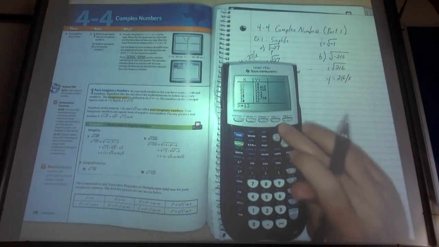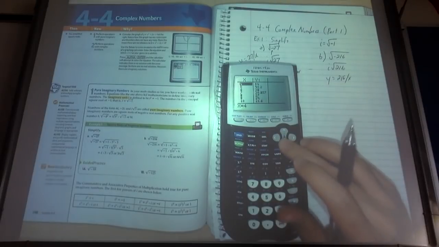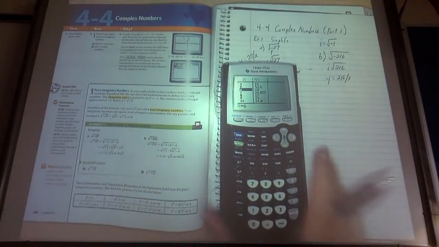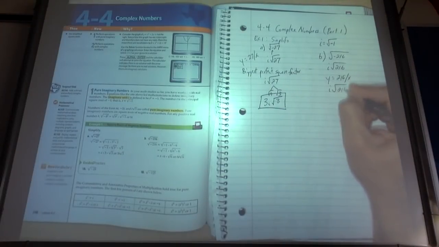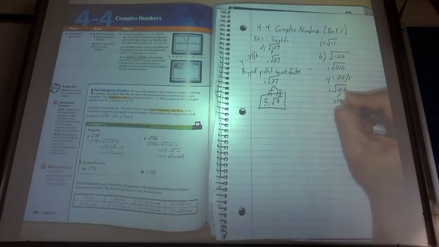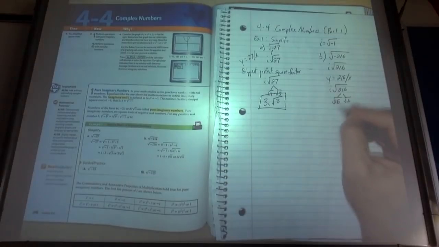So again, I had several perfect square factors. 9 is a perfect square, 4 is a perfect square, but 36 is the biggest perfect square factor. So I'm going to break down i radical 216 into the square root of 36 times the square root of 6. We can take the square root of 36.